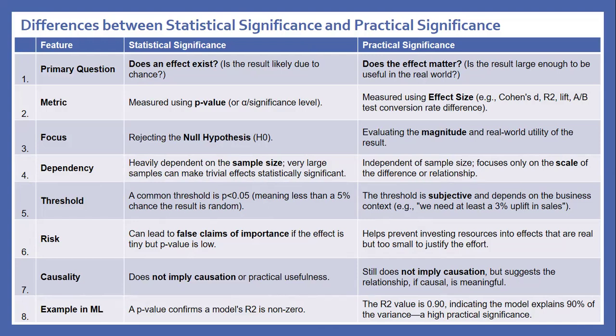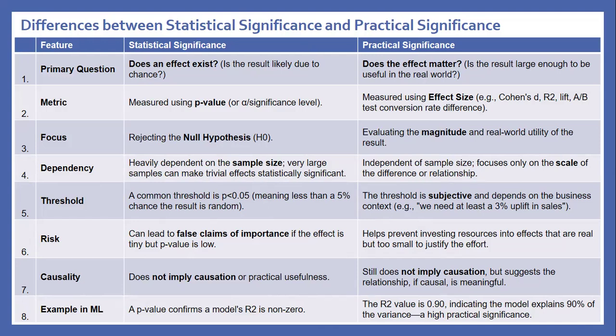Metric: statistical significance is measured using a p-value or a significance level. Practical significance is measured using effect size, for example Cohen's d and R2, lift, A/B test, conversion rate differences. Focus: statistical significance is about rejecting the null hypothesis, while practical significance is about evaluating the magnitude and real-world utility of the result.